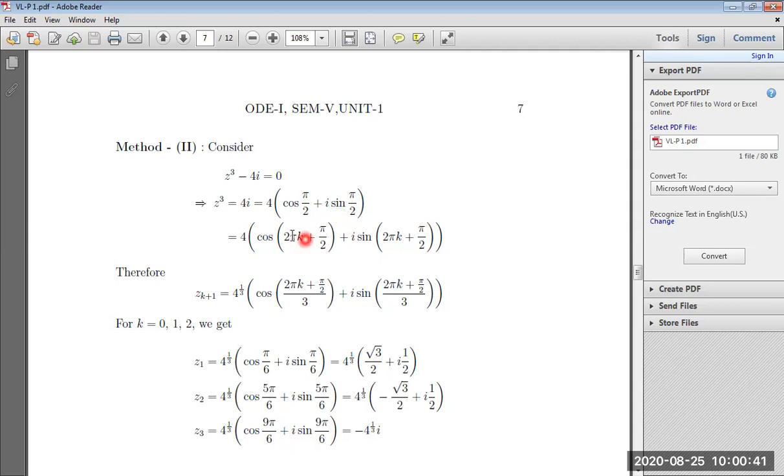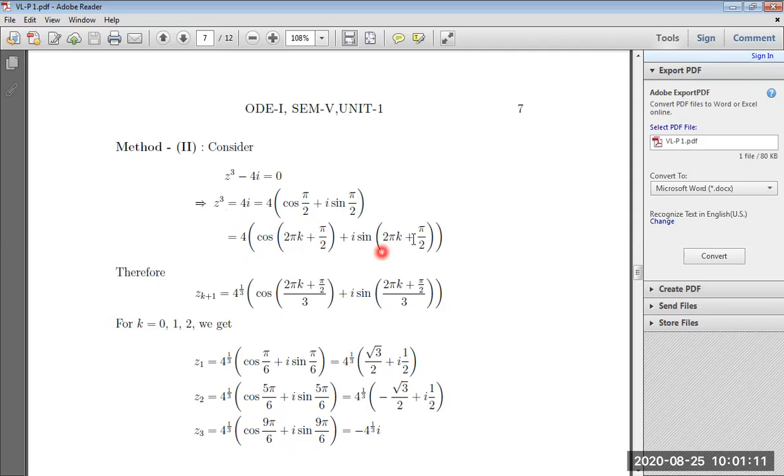So from this expression, what you have to do is z is equal to this, and then take the cube root. So z is equal to the cube root of 4 and this cube root, so cube root means here you have to take the power 1 by 3. And now apply De Moivre's theorem. So what is that De Moivre's theorem?